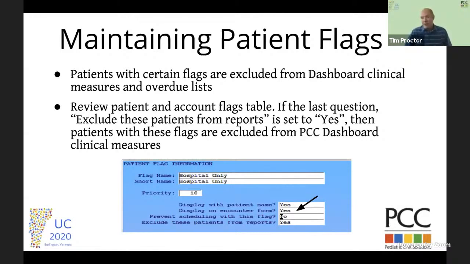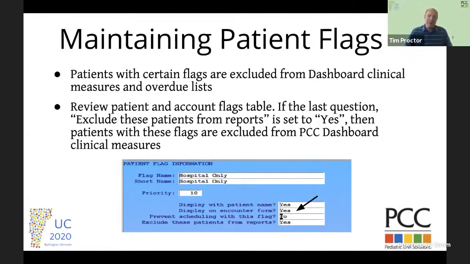This is all configured on the partner side, on the partner configuration in your patient flags table. You should have inactive and transferred or hospital only. These are flags that you can assign to patients that you know are inactive at your practice. You don't want them included in your measure results, and you should do that.